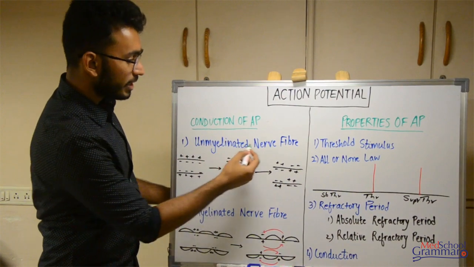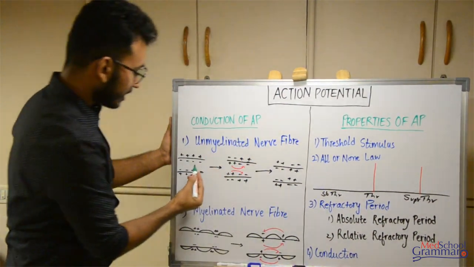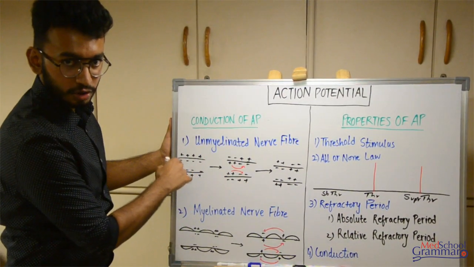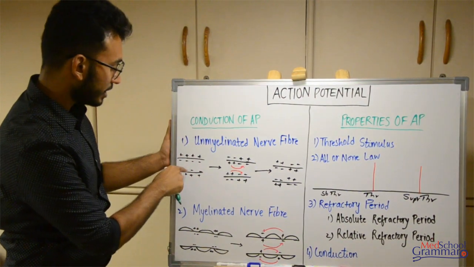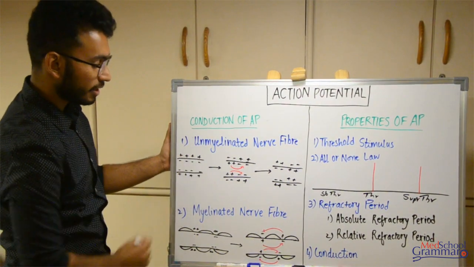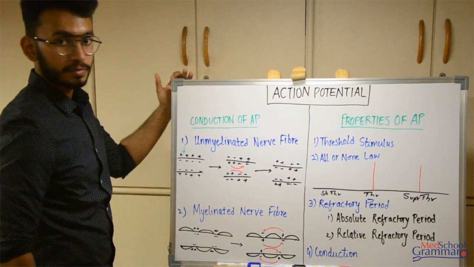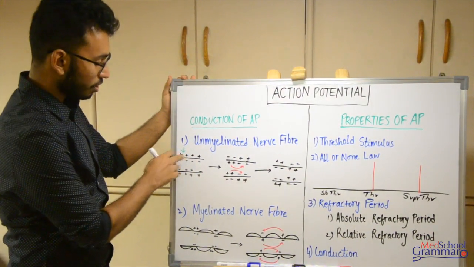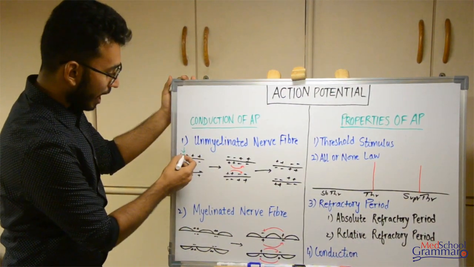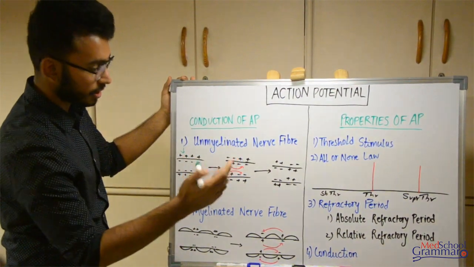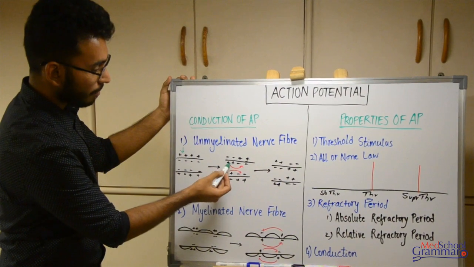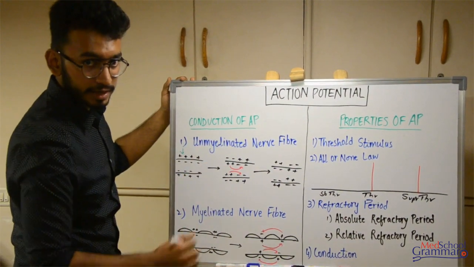So in an unmyelinated nerve fiber, this is the resting membrane potential state, or the polarized state. Insides are negative and outsides are positive. Now say at this point we apply a threshold stimulus or a supra-threshold stimulus. Depolarization occurs, and the insides become positive and outsides become negative.